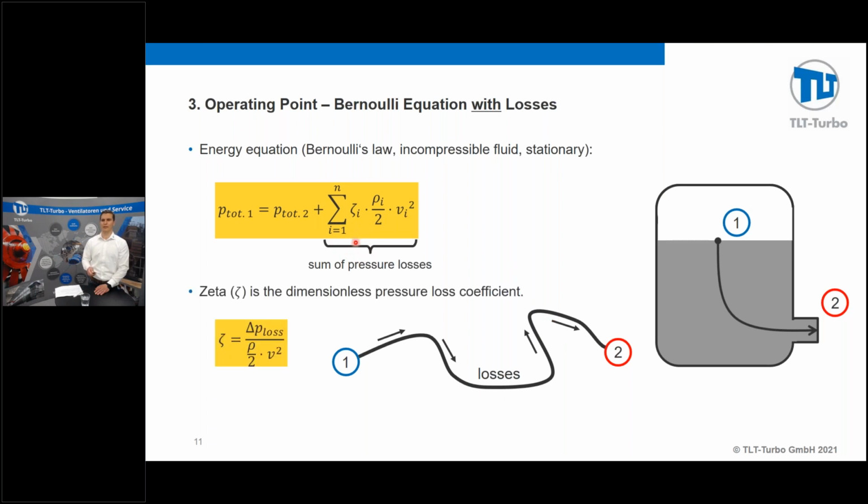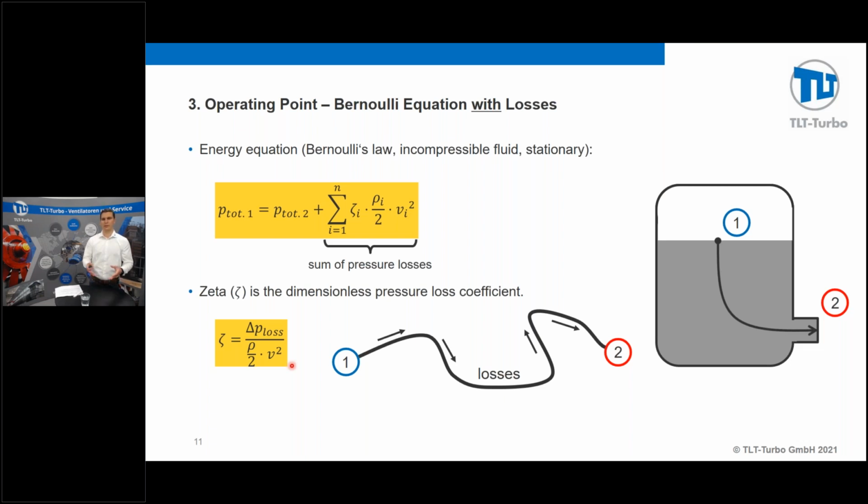And you see that this term has another important parameter here. It's a Greek letter zeta that is called the dimensionless pressure loss coefficient. And it's defined as the total pressure loss, for example, between points 1 and 2, divided by, most of the time, the inlet dynamic pressure. So in this case it would be the inlet dynamic pressure in point 1. And this dimensionless pressure loss coefficient is constant for each and every ducting part.